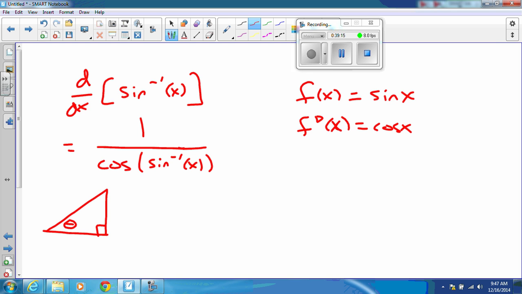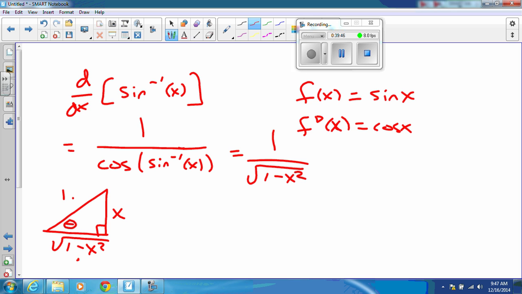To simplify, we sketch a right triangle whose angle theta is the inverse sine of x. That means opposite over hypotenuse is x, so sine of theta is x. The third side from the Pythagorean theorem gives cosine of this triangle as root 1 minus x squared.